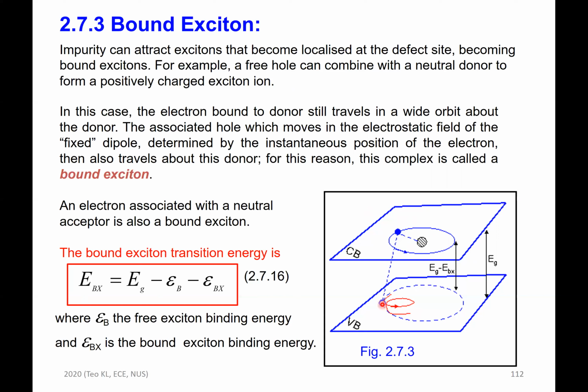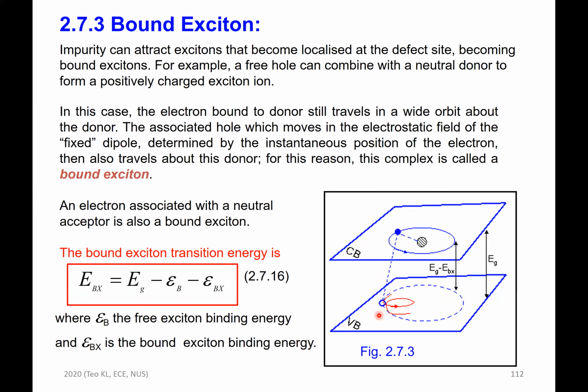So the electron is basically orbiting around the donor. Now, you have a free hole, let's say, at the valence band. So let us represent this as a plane of the valence band. And the hole basically will be attracted to the electron of the donor. So as the electron moves around the orbit of the donor, the hole will also track the electron. So the hole will move in the electrostatic field due to the electron and hole of the fixed dipole.